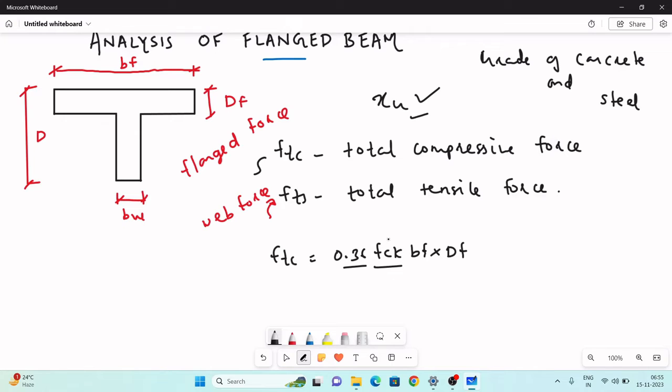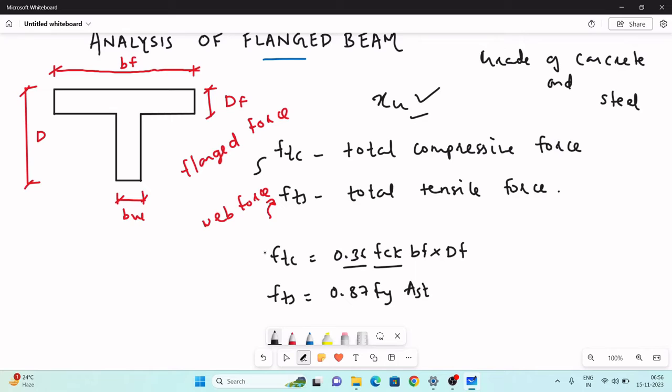It depends on the grade of concrete. For M20, the value of FCK is 20. BF is the width of the flange, and DF is the depth of the flange. So this is the formula of FTC. FTS equal to 0.87 FY AST, the total tensile force or the web force in this particular context.